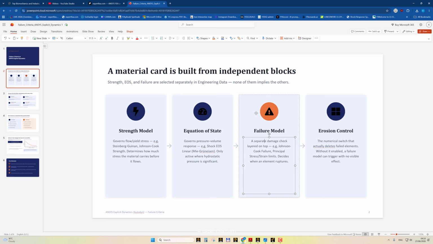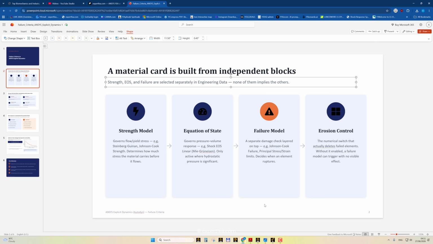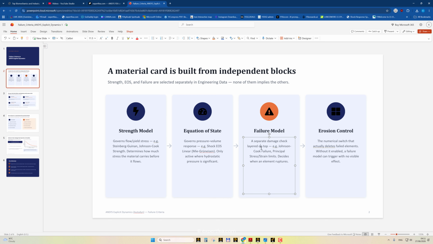Then the thing that is most interesting for us, we need a failure model. This failure model accompanies the models from before. You will understand in exactly a few seconds what I'm talking about.